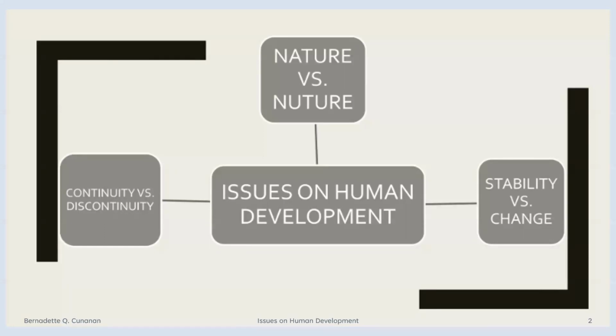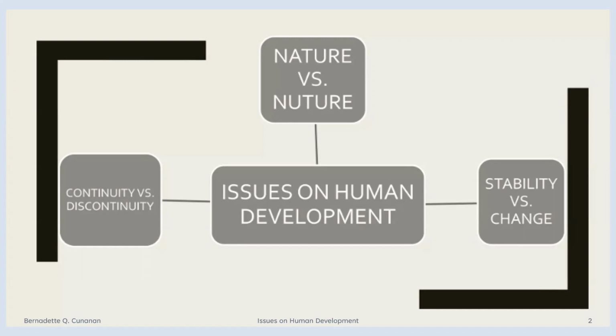So nurture refers to the impact of the environment, which involves the process of learning through experiences. So the key word for nature is genetic, and nurture is more of experiences, or exposure.